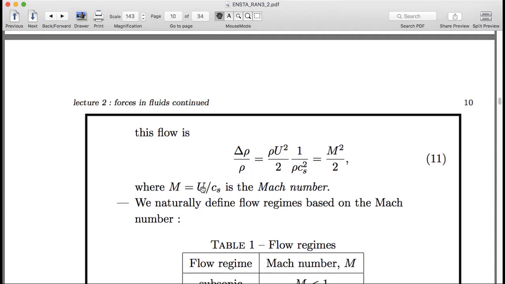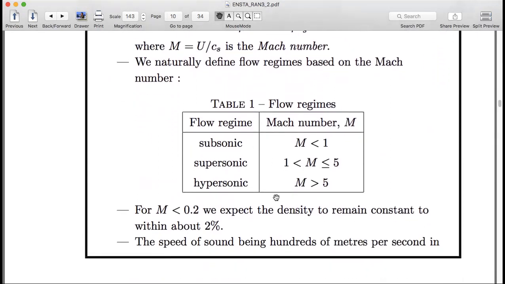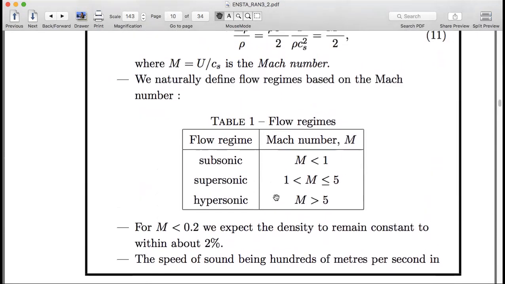The Mach number is defined as a typical velocity scale of the flow divided by the speed of sound. Somewhere I must tell you the speed of sound.